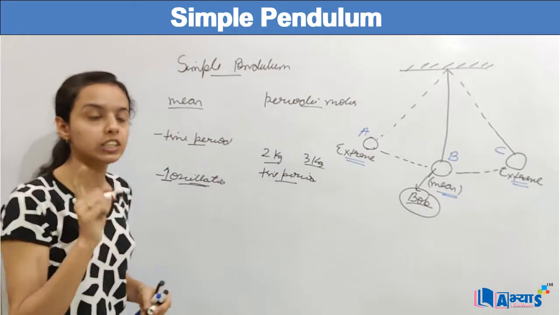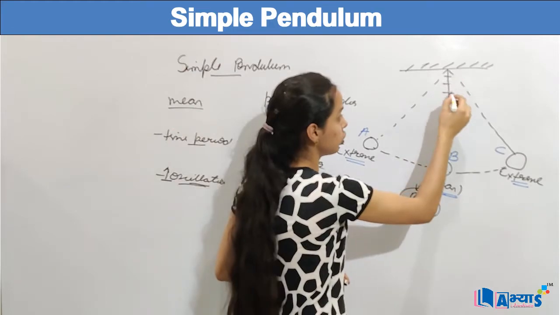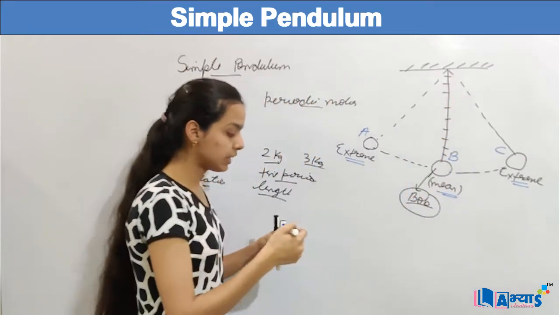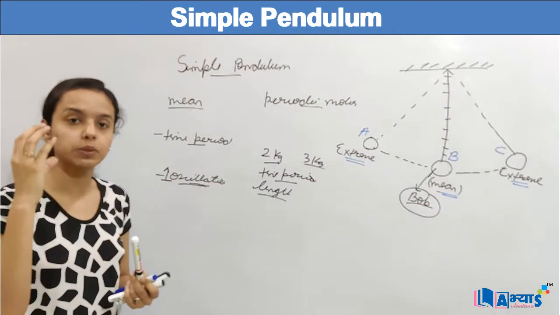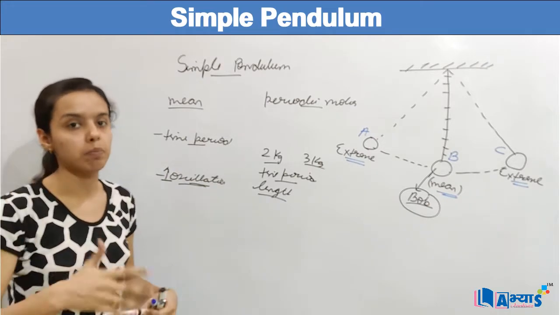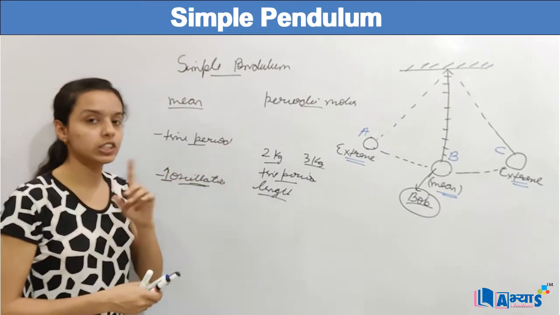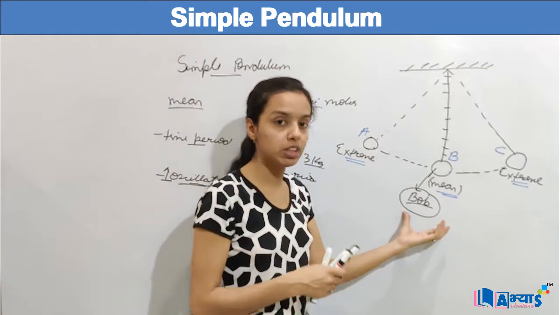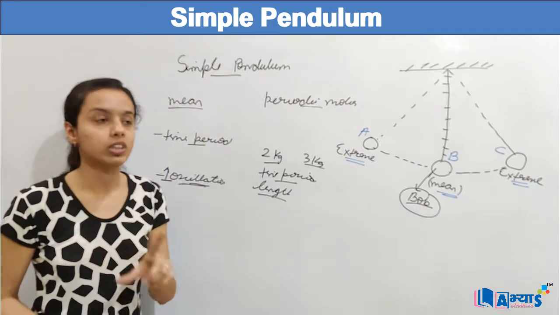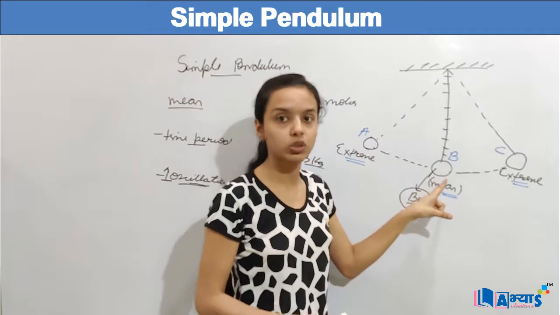It only depends on the length of this string. If the length is decreased, the time period will be small, and if the length is increased, the time period will increase. That means the time period is not dependent on the mass of the object, it is only dependent on the length, that is, the length from the fixed point to the bob.